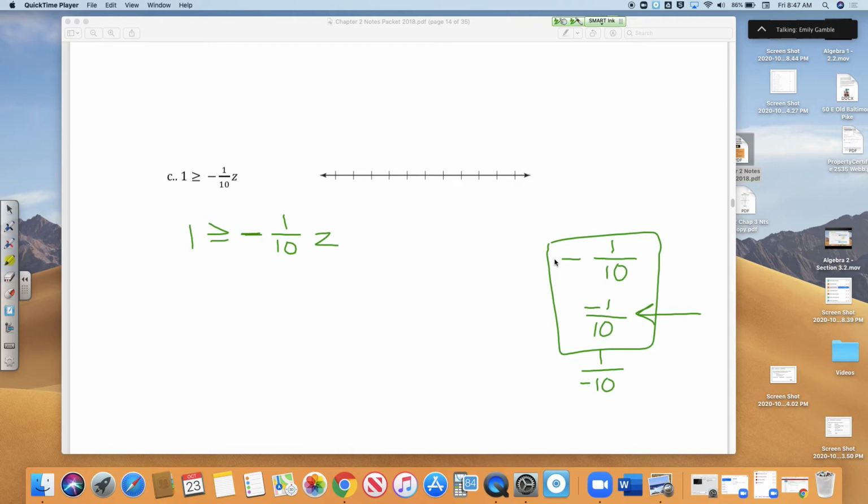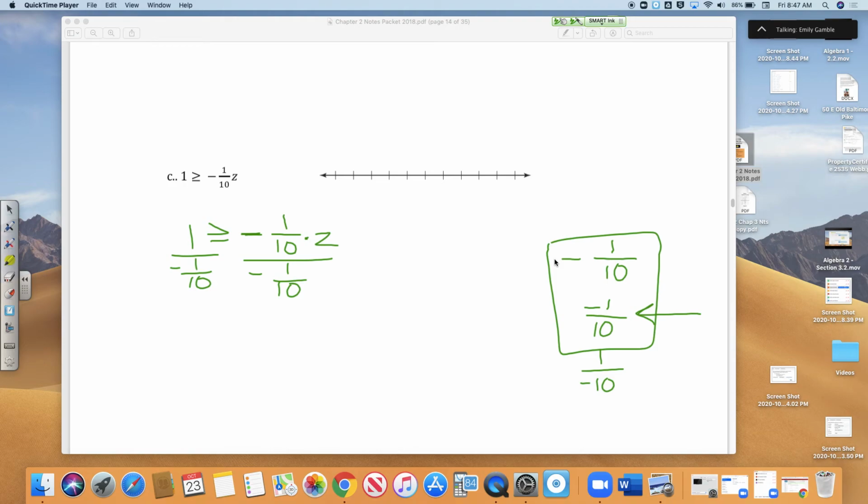We have two options to solve this one for z. If we want to solve this by doing the opposite of what's happening, right now this is negative 1/10 times z. So to undo multiplication, I could divide both sides. It's just going to look a little funky because I'm going to be dividing by a negative fraction.